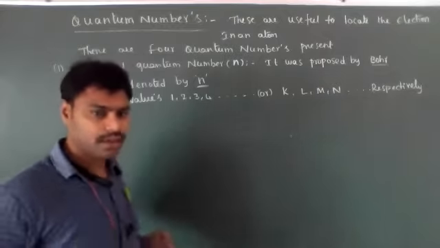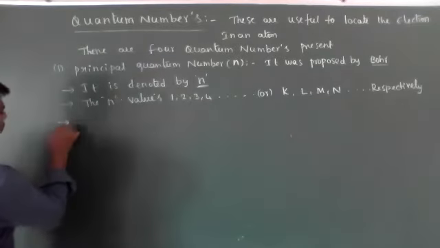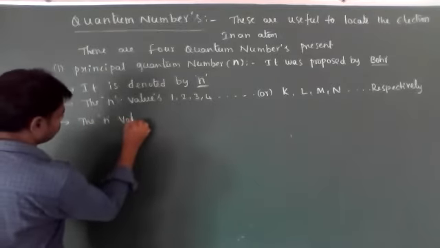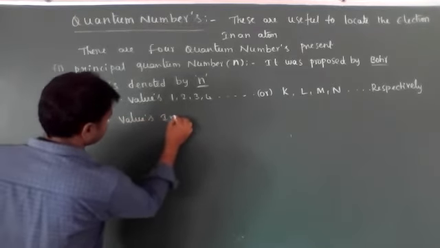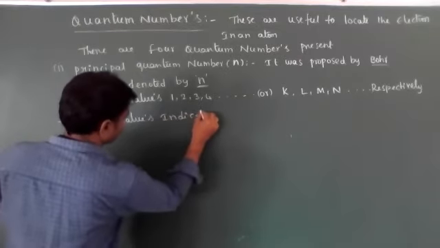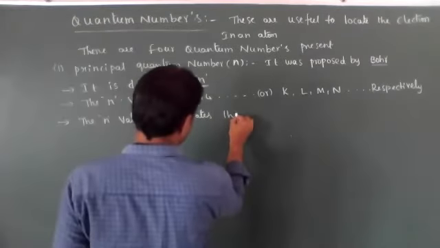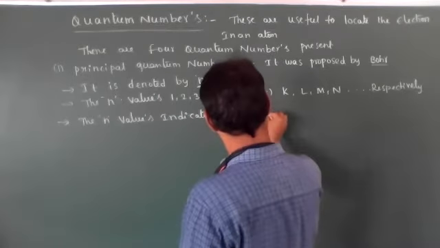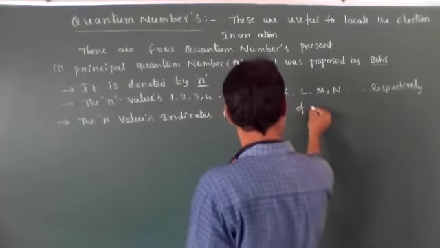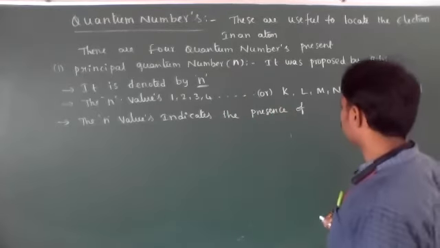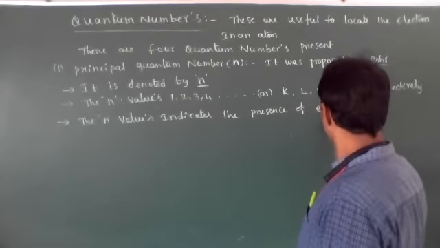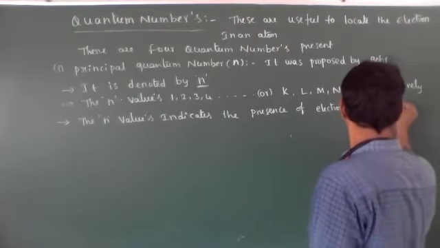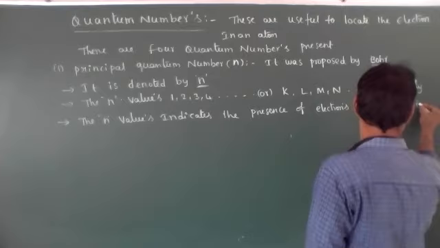Now what do the n values indicate? They indicate the presence of electrons in a shell or orbit.